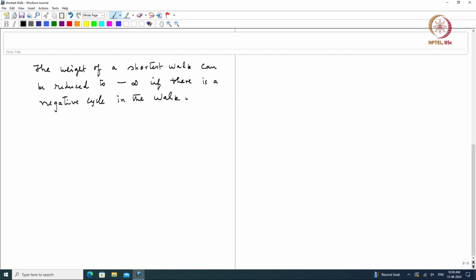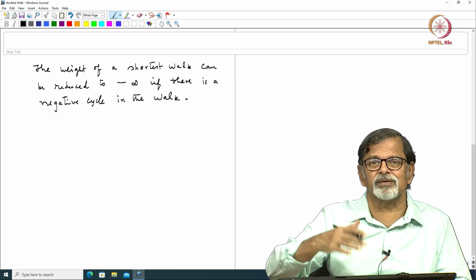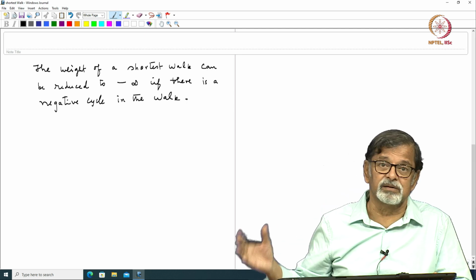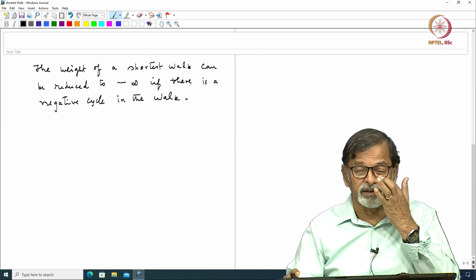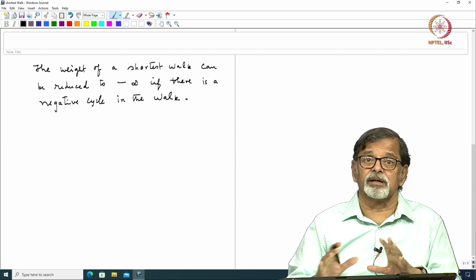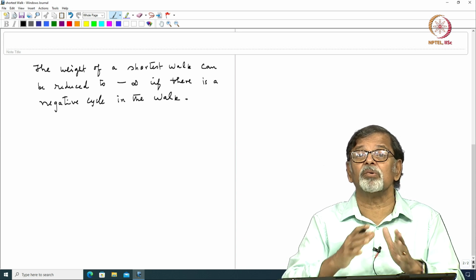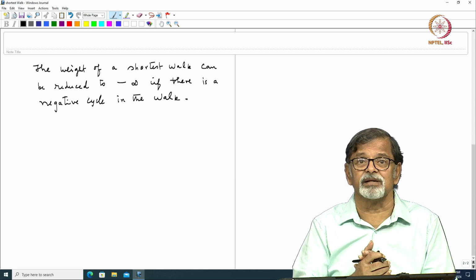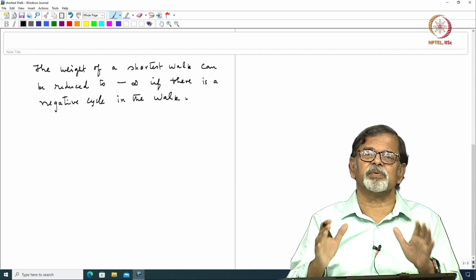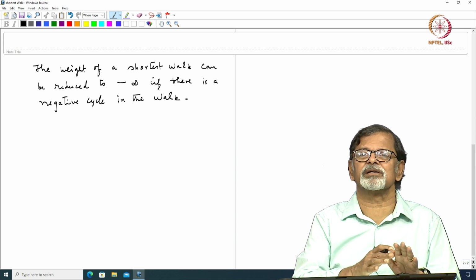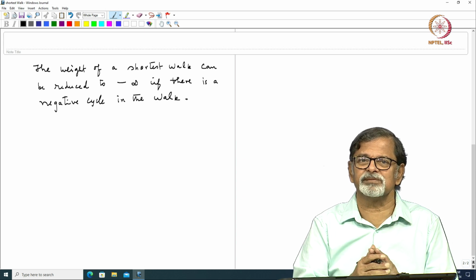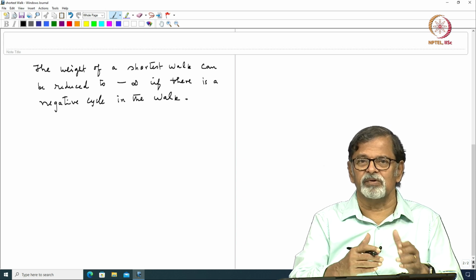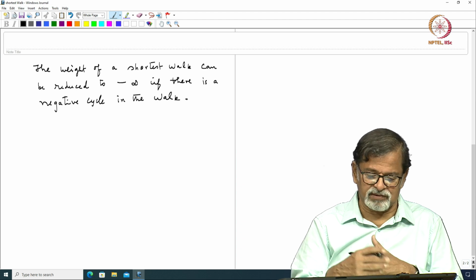You can move around that negative cycle again and again, keep reducing the weight of the walk and you can make it to minus infinity. Okay. If there is no negative cycle, then shortest path and shortest walk are one and the same. Okay. We will make these kind of observations now.